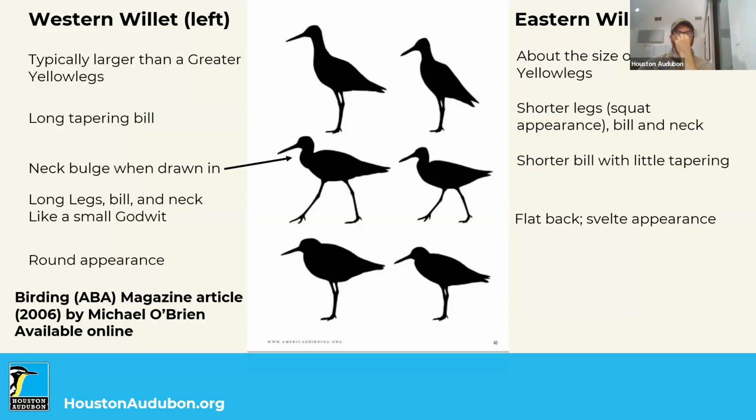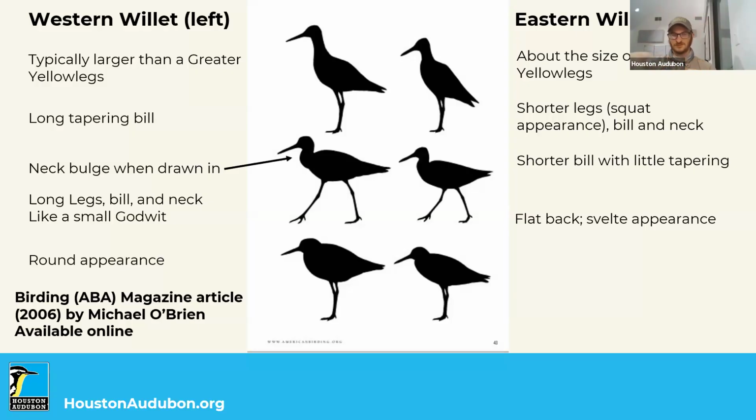Western Willets look more like a godwit that's been shrunk down a little bit. Even though they're bigger and taller, especially, their bills are longer and tapered, like a godwit. And I think of their necks as being kind of thick, but they're long.